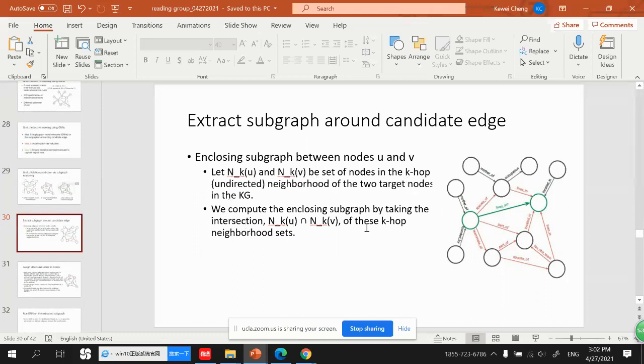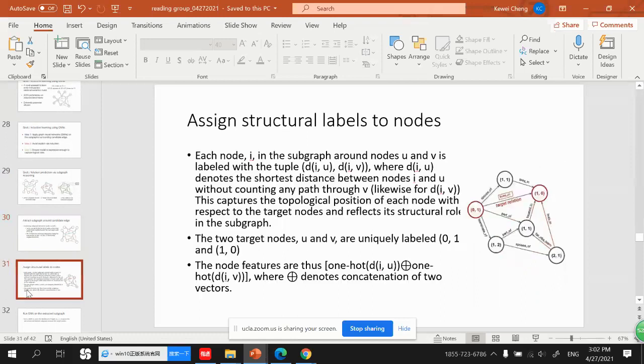And then we will use the overlapping of NKU and NKV to construct the subgraph. And then with this extracted subgraph around the candidate edge, the next step will be that we will try to assign the structure information to nodes.